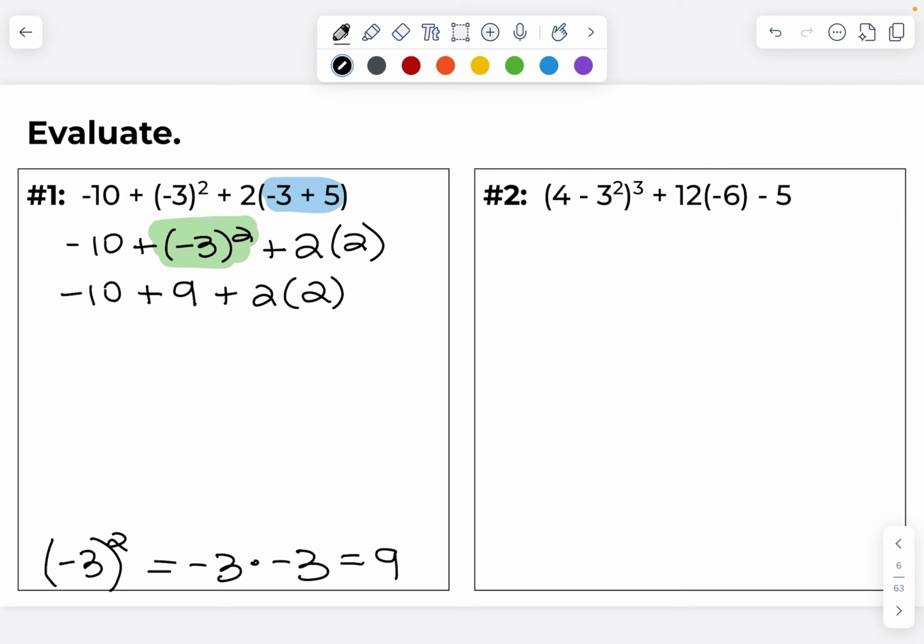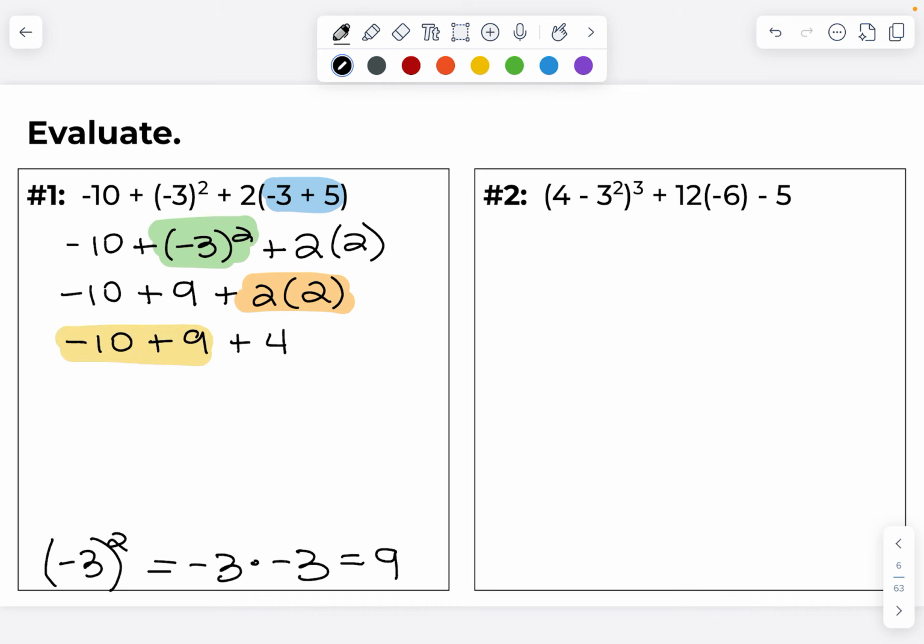So really make sure that if it's got parentheses on the paper, you put those in your calculator if you use it. Okay, so now if I look at this statement, the next thing that can be simplified, I have multiplication. I don't have division anywhere, so I only have multiplication. So I'm going to go ahead and simplify this, and that gives me +4. Okay, and now I just have addition and subtraction left, so I'm going to work left to right. I'm going to start by doing -10 plus 9.